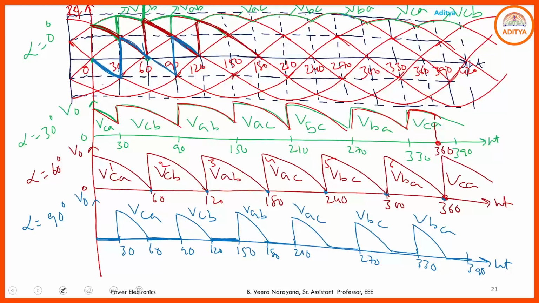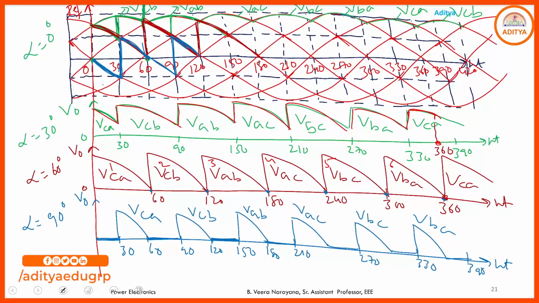Now the limits. If you choose alpha equal to 30, taking VAB as the reference, what is the duration of VAB? 90 to 150. Each line voltage is present for 60 degrees. If you choose alpha equal to 60, VAB is 120 to 180.